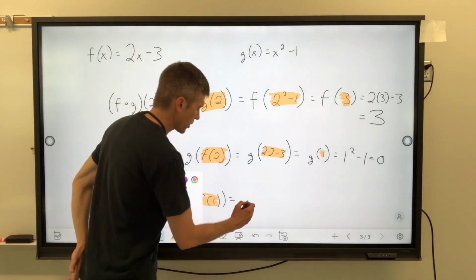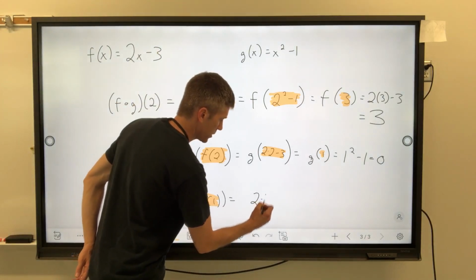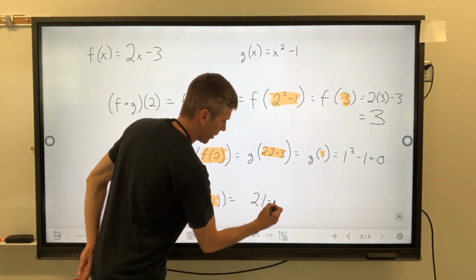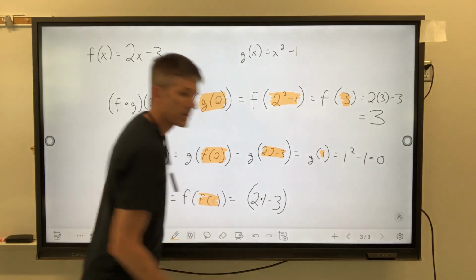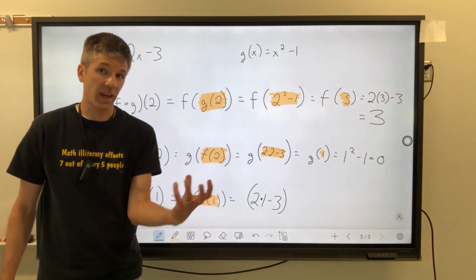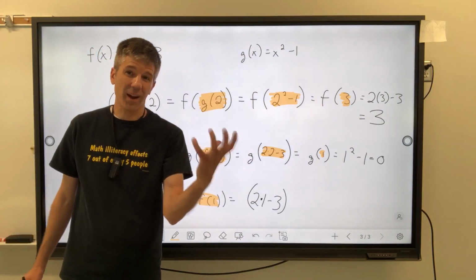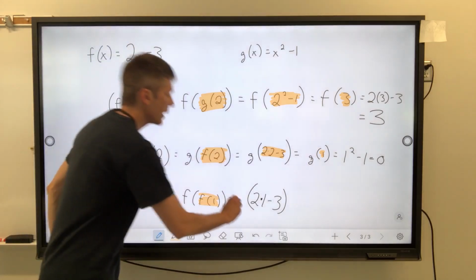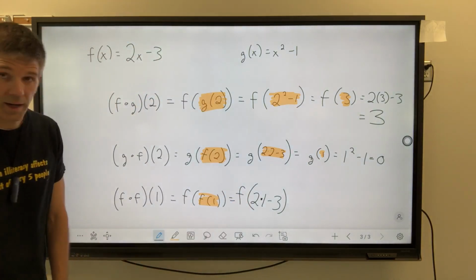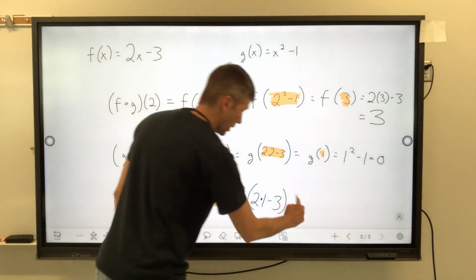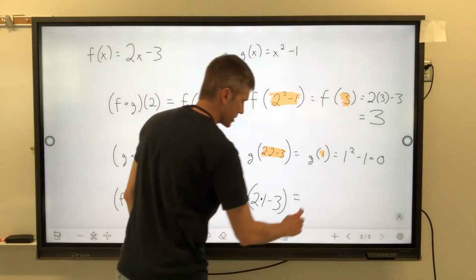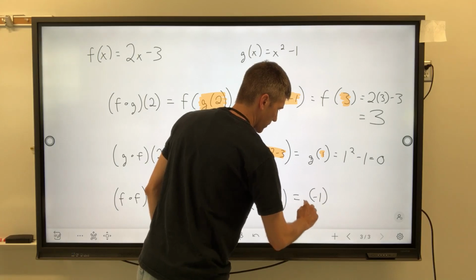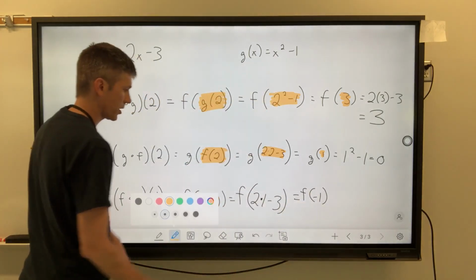And that means that we're going to have 2 times 1 minus 3. Well, you know what? We've plugged 1 into the f function, but whatever we get as our output becomes our new input into the f function, right? So we need to evaluate this. 2 times 1 is 2. 2 minus 3 is negative 1. There we go. Let's not lose track of what's going on.